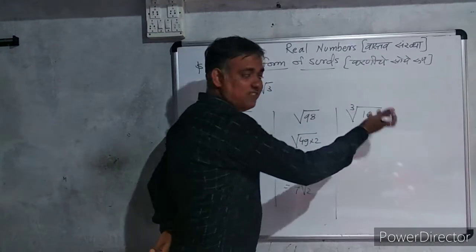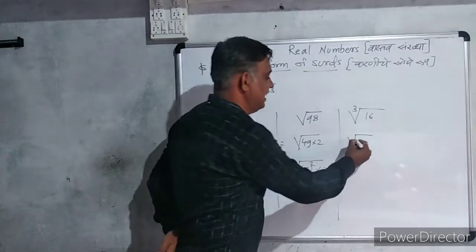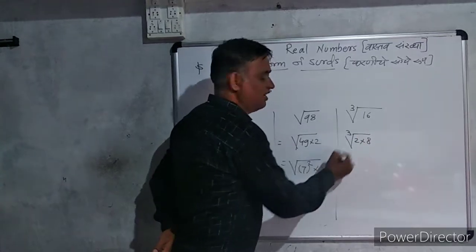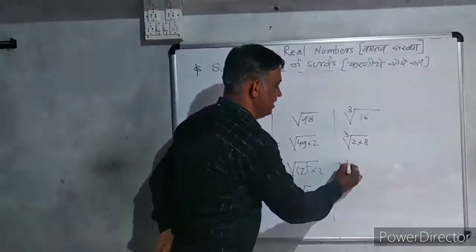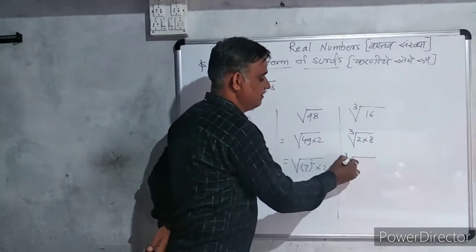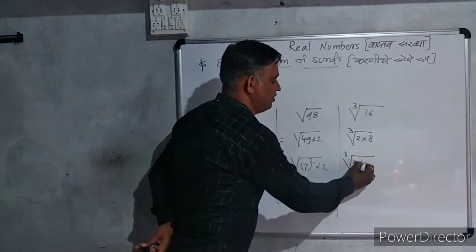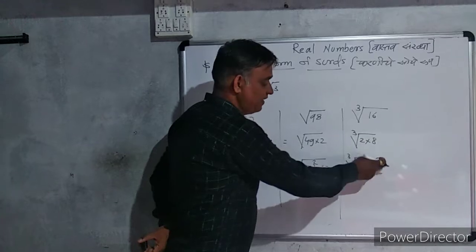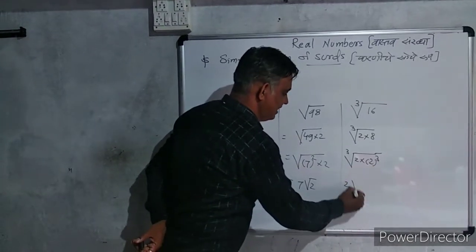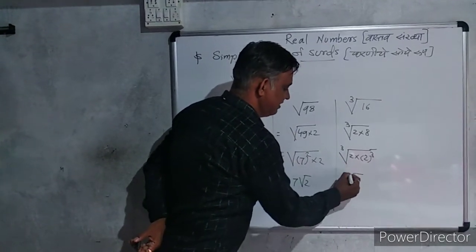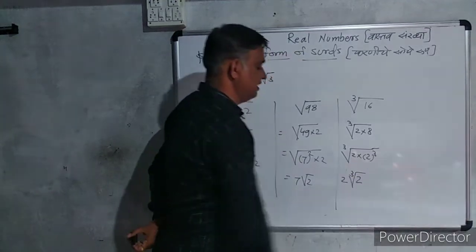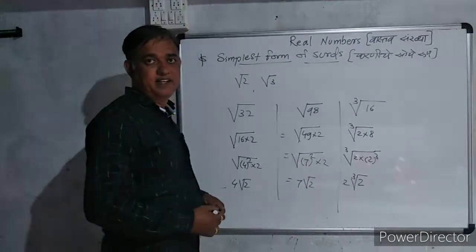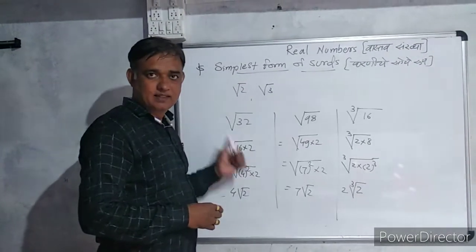Again the same, 2 into 8 of order 3. Here 2 is not cube of any number, but 8 is cube of 2. 2चा घन 8 आहे. Order power same, so we can write 2 outside the radicand, 2 radicand 3. Simplest form. करणीचं सोपं रूप.